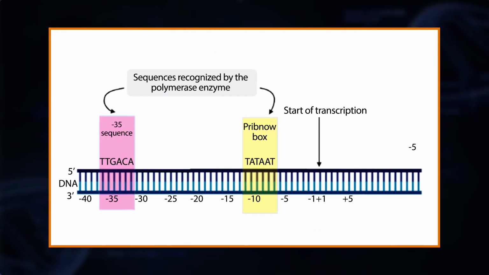In prokaryotes, most genes have a sequence called the Pribnow box, with the consensus sequence TATAAT, positioned about 10 base pairs away from the site that serves as the location of transcription initiation.